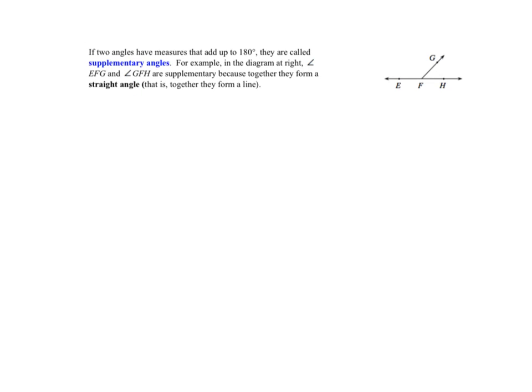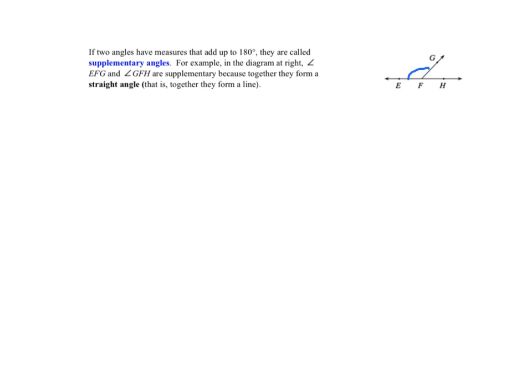All right, next we have supplementary angles. Supplementary angles are angle measurements that add up to make 180 degrees. In other words, they make a straight line. So in our diagram, we can see that angle EFG, which would form that angle right there, looks like an obtuse angle, probably 130 degrees or something like that.